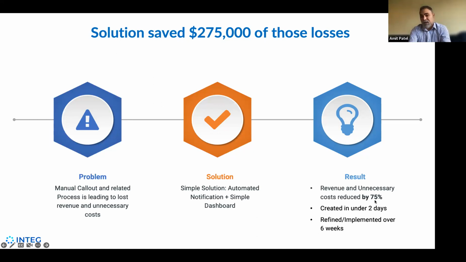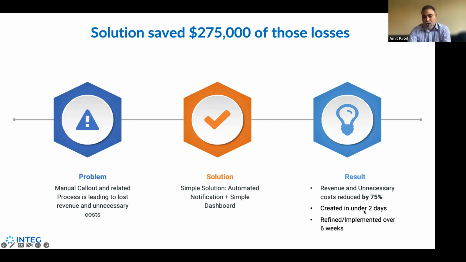We didn't save everything. Sometimes there are reasons why you can't solve the entire thing, right? We couldn't get to everything, but that's okay. We were able to solve 75%, still a 200-something K savings because we're eliminating those losses.